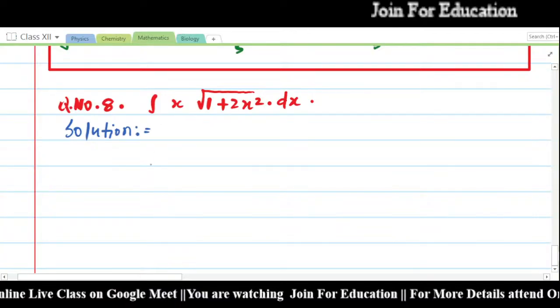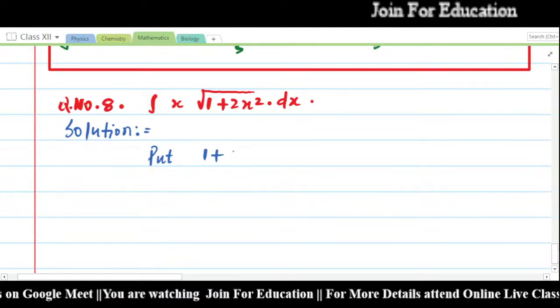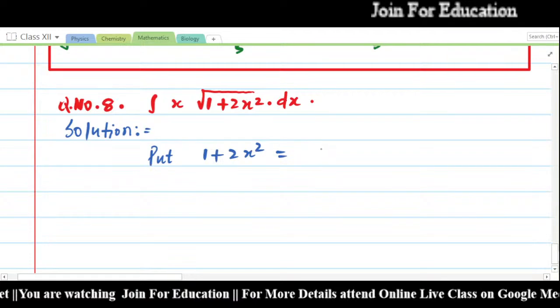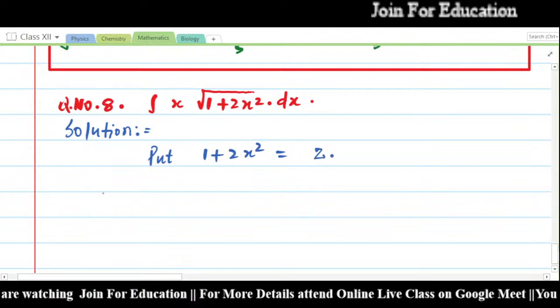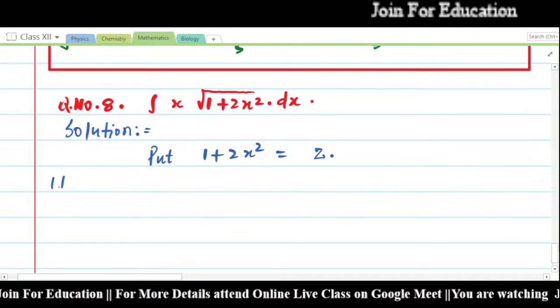So we put here 1 plus 2x square equal to z. Now take the derivative on both sides with respect to x.